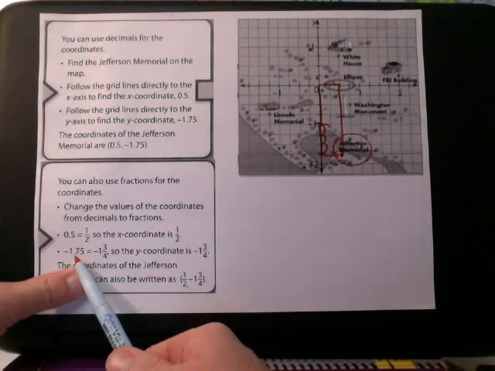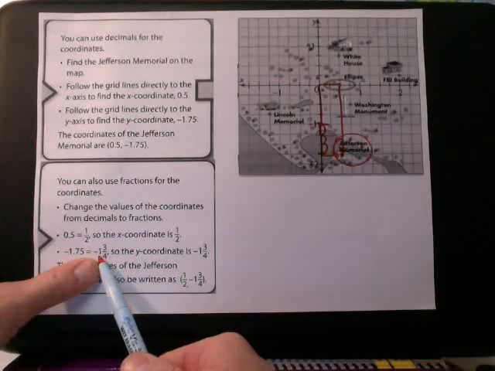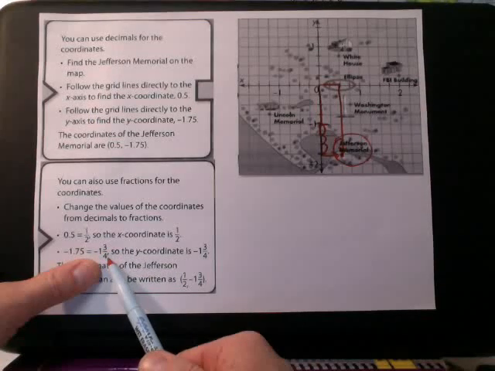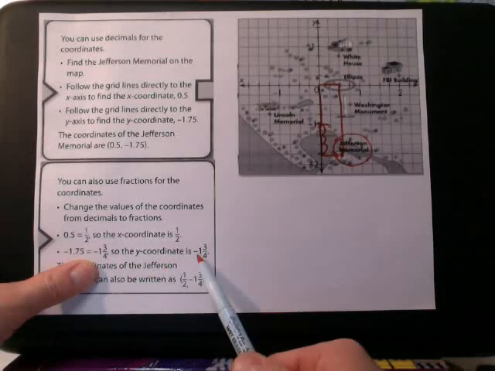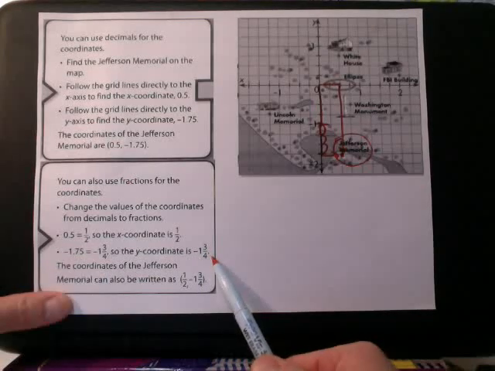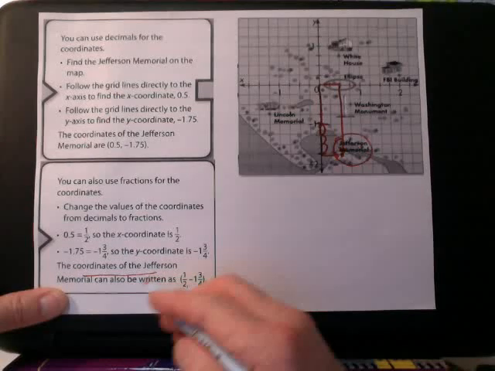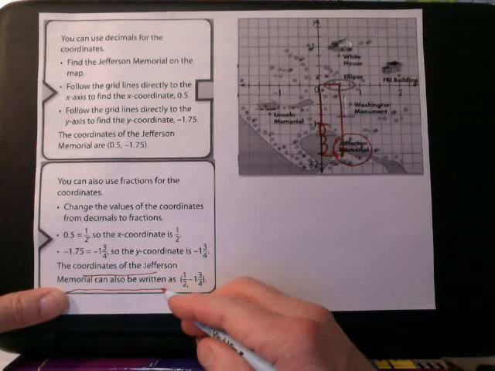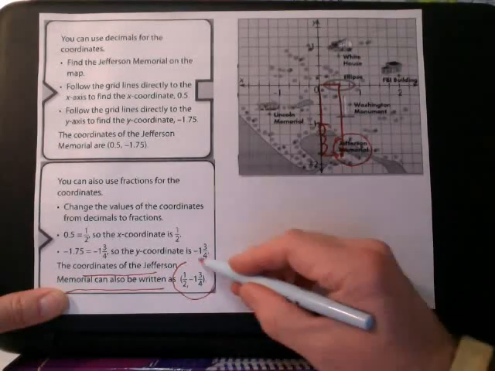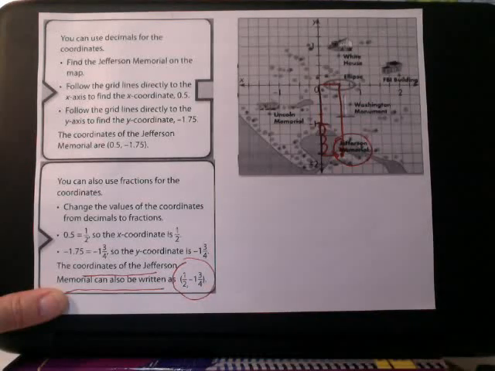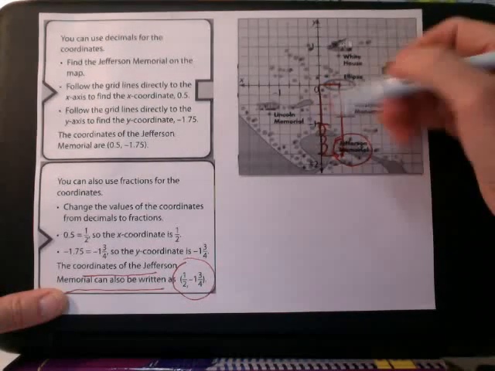Negative 1 7/75 is equal to negative 1 3/4, so the y-coordinate is negative 1 3/4. The coordinates of the Jefferson Memorial can also be written as fractions, and you're still going to find them the same way.